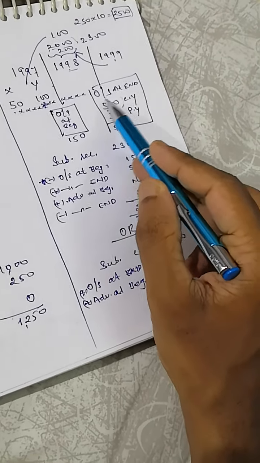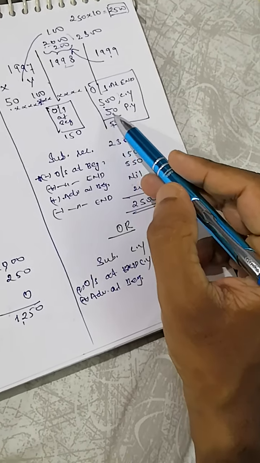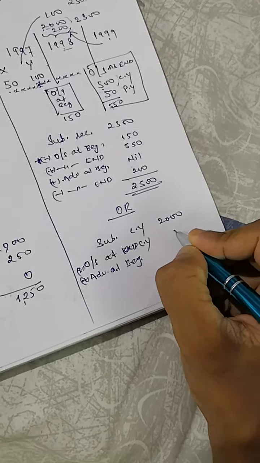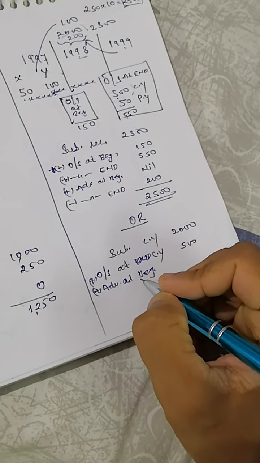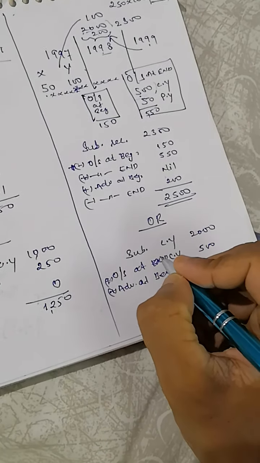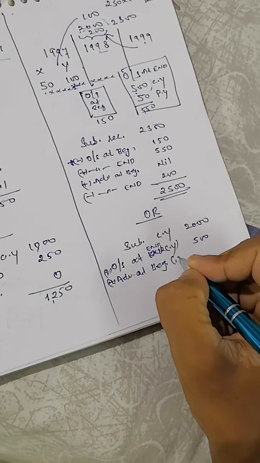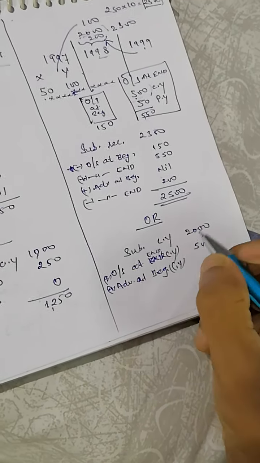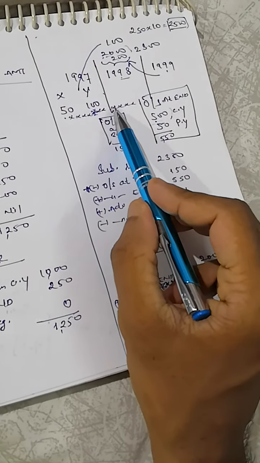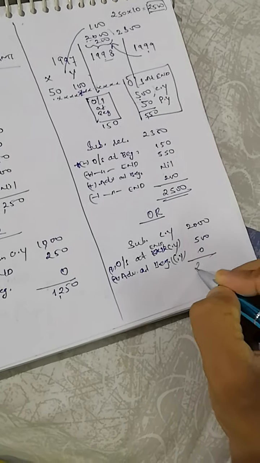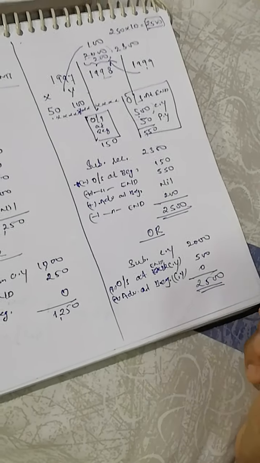We have calculated 500, out of which 50 is for the previous year, so we have to write that current year amount 500, and advance at end of the current year. There is no advance at beginning, so it is 0, so it is 2500. In both methods you can solve.